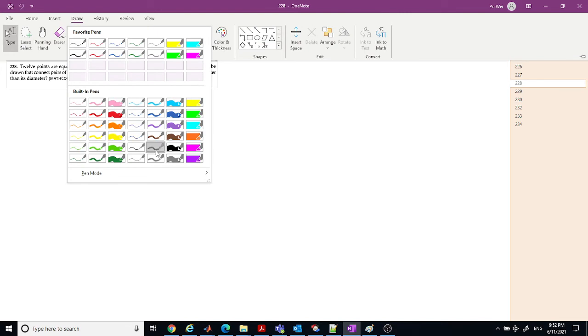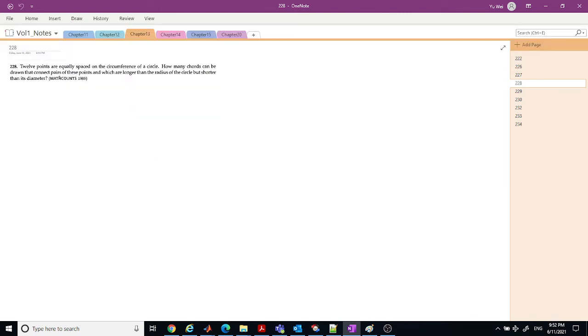So question number 228. So we have 12 points equally spaced on the circumference of the circle. So we have 12 points on here. Okay, so how many chords can be drawn that is connected? So you can think, okay, the 12 is basically a dodecagon, right?